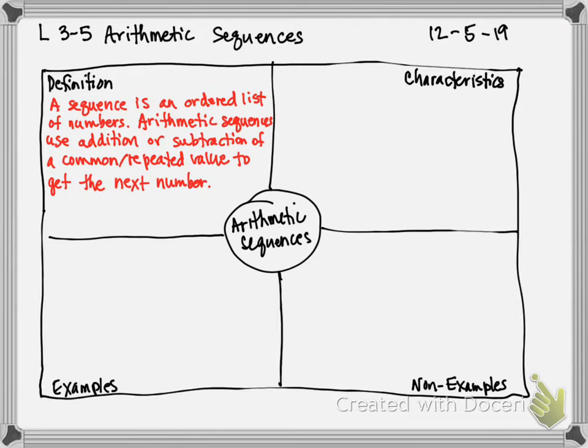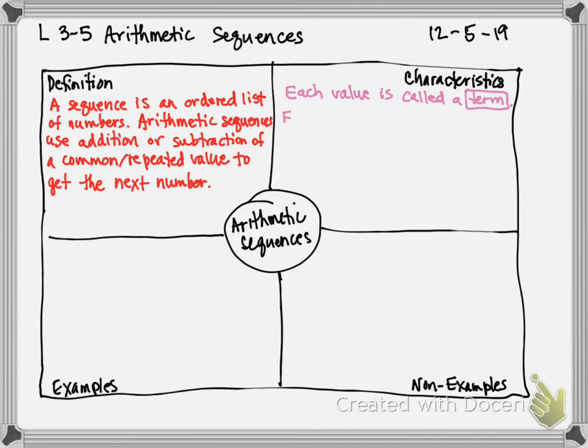All right, let's talk about characteristics. Each value is called a term. And that word gets used a lot in math in several different places, okay? So each value is called a term. Now, there's a couple that we pay attention to.